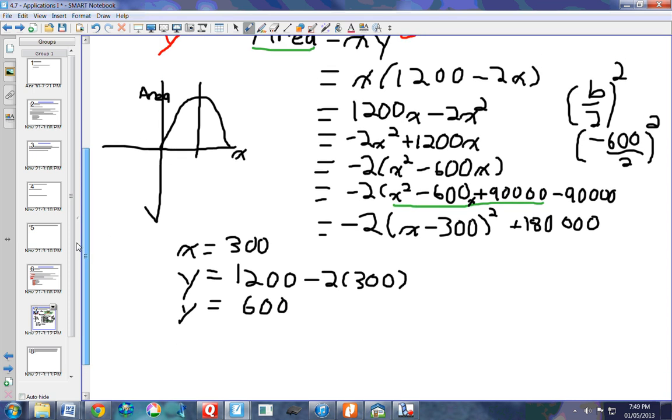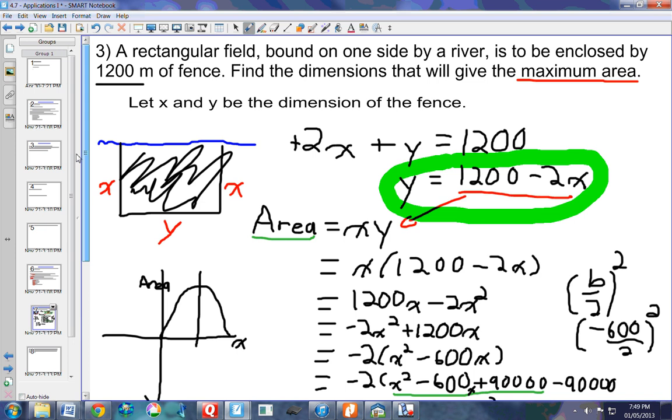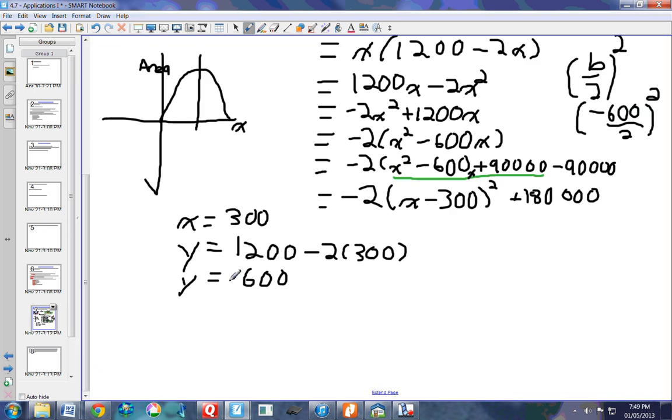And so we have solved what the question is asking for. Find the dimensions that will give the maximum area. Those dimensions are 300 and 600.